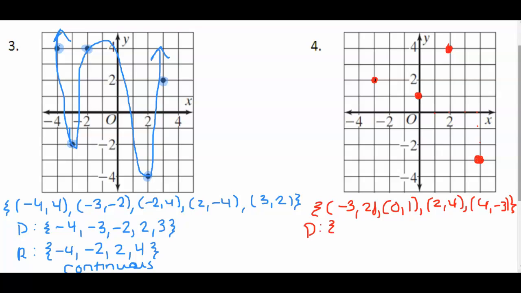So my domain is -3, 0, 2, and 4. My range is -3, 1, 2, and 4. And if you tried to connect them, it's sort of this funky looking straight line misconnected graph. So this is discrete.